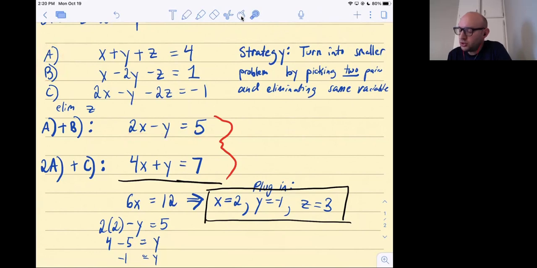And we use another 2 equations, this time a and c, and we eliminate the same variable that we just did, and we have a separate equation with 2 unknowns. And that is now a problem that we can solve. So we've turned a complicated problem that we didn't know how to solve into a smaller problem that we do know how to solve. It doesn't give us the complete solution, because we still need to go back and get z, but at least now we can find x and y.